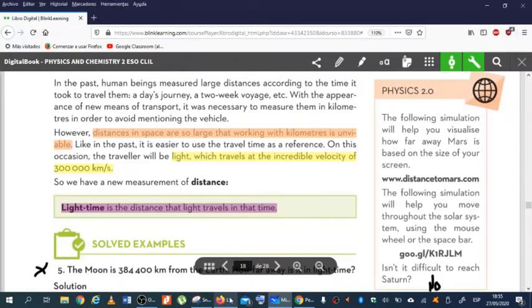So for measuring distances in the universe, we use the light time. The light time is a distance. Es el año luz, bueno, okay, tiempo luz is the distance that light travels in one time.